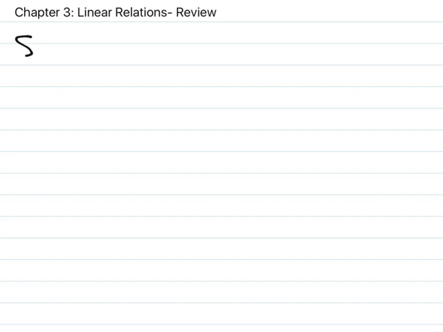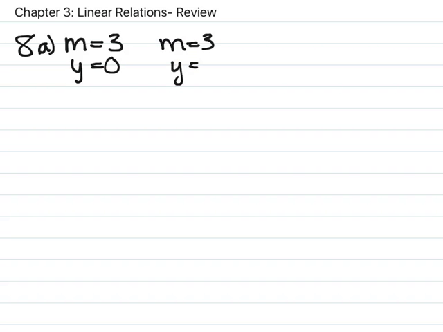Question 8. Here we are asked to find the equations of the lines in question 7. You had already found the slopes. For 7a, we found the slope to be 3 and the y-intercept to be 0, and the other one had a slope of 3 and a y-intercept of negative 12.